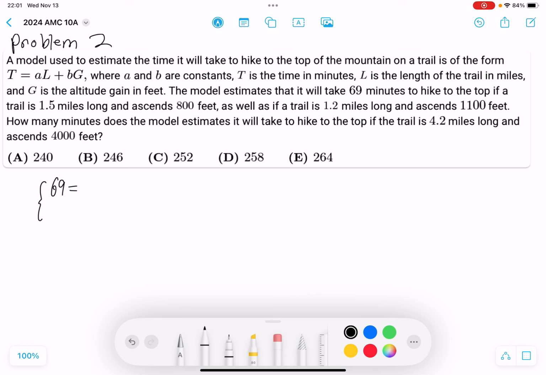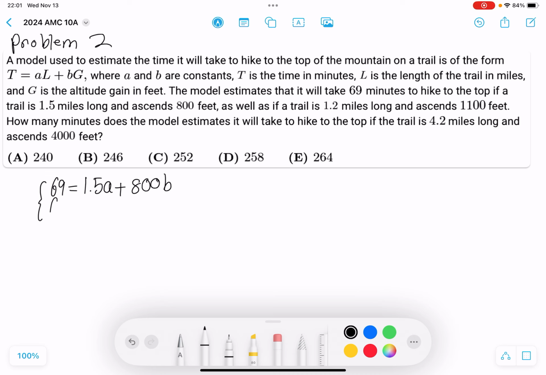So 69 minutes is T, and the trail is 1.5 miles long. L is the length of the trail in miles, so we have 1.5 times A, plus it ascends 800 feet. Ascends means it goes up, so the altitude gain, which is G, is 800 feet. So that's 800B.